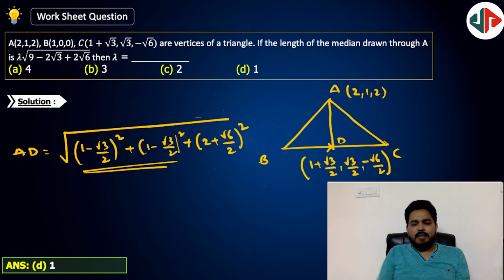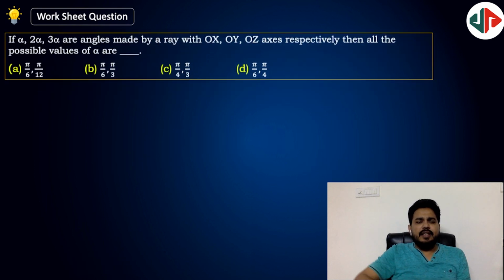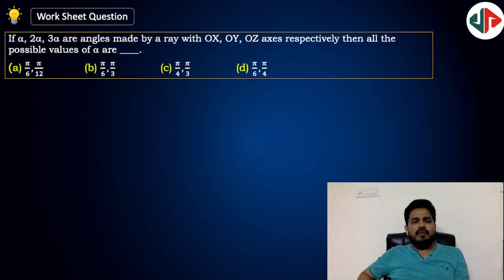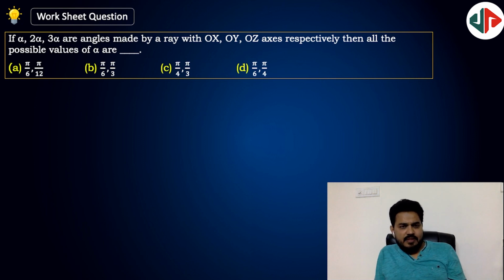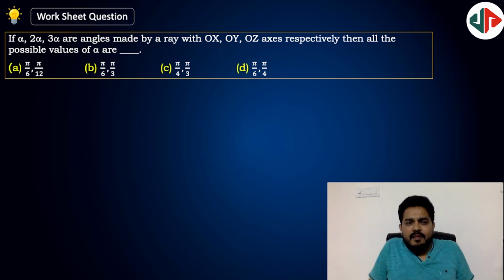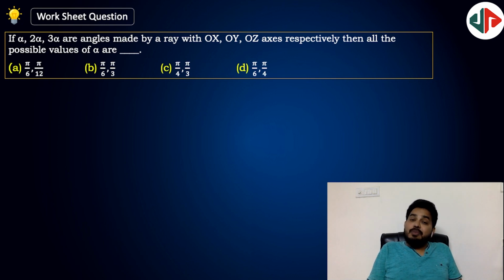Just expand this one. Next question is: alpha, 2 alpha, 3 alpha are the angles made by a ray with OX, OY, OZ respectively, possible values. So here they are asking the direction cosines. What is the property we have?